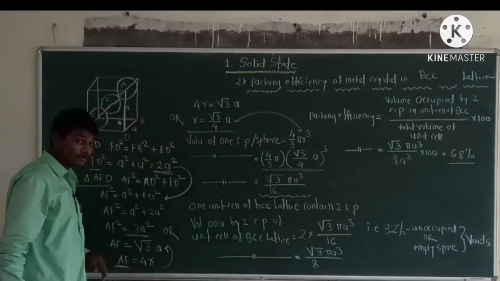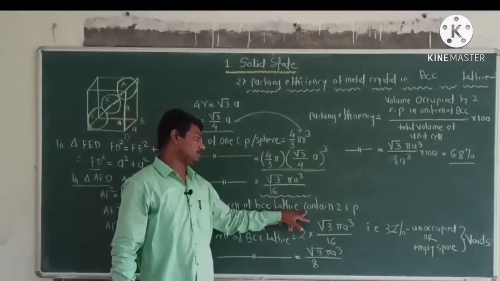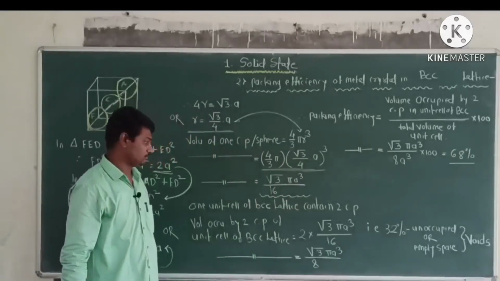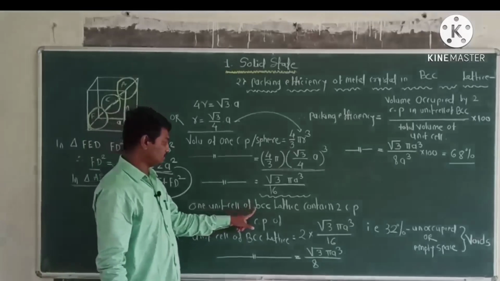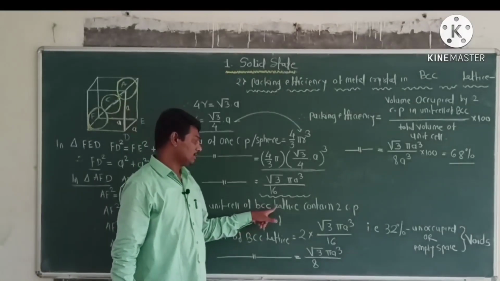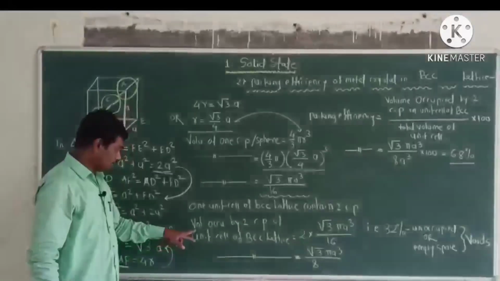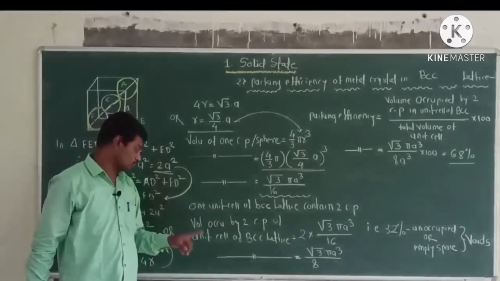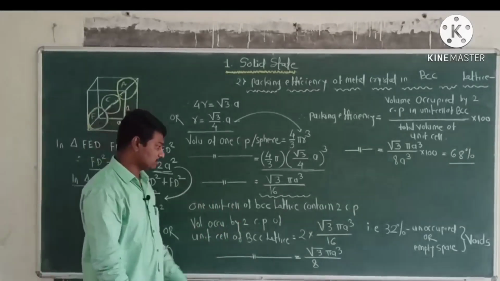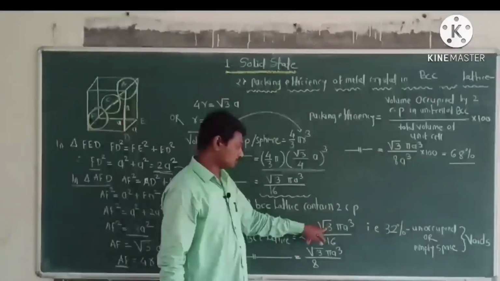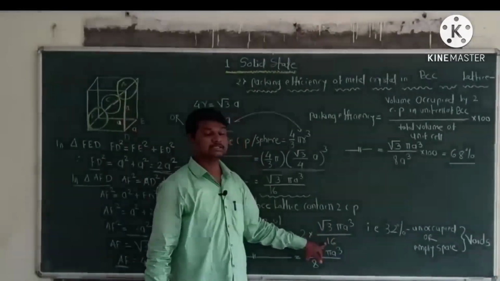Okay. Now one unit cell of a BCC lattice contains two constituent particles, which was studied in the last lecture. Therefore, the volume occupied by the two constituent particles of a unit cell of a BCC lattice is equal to 2 into root 3 into pi into a cube upon 16.